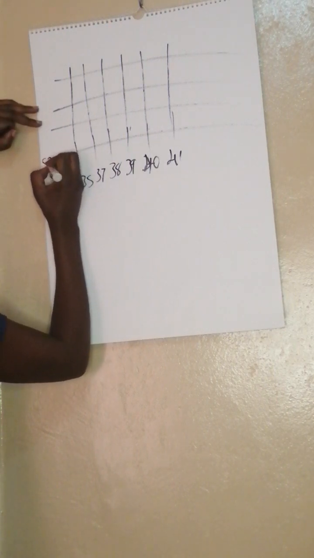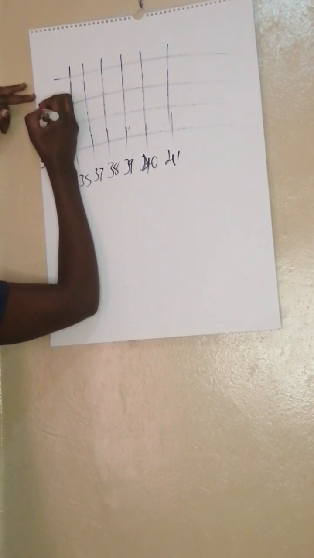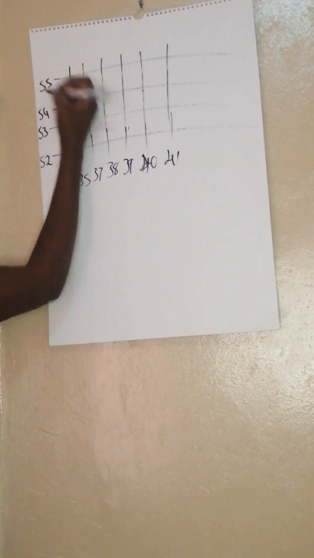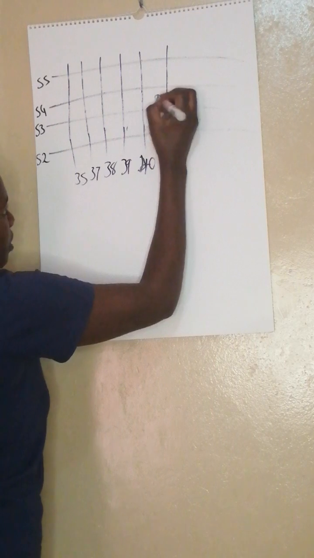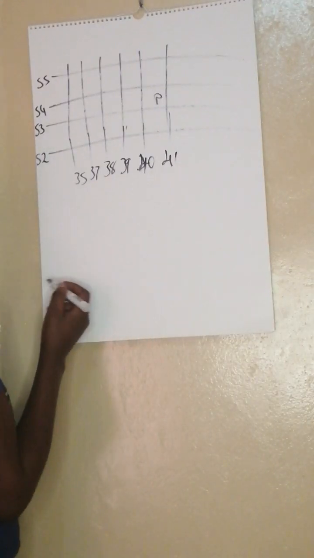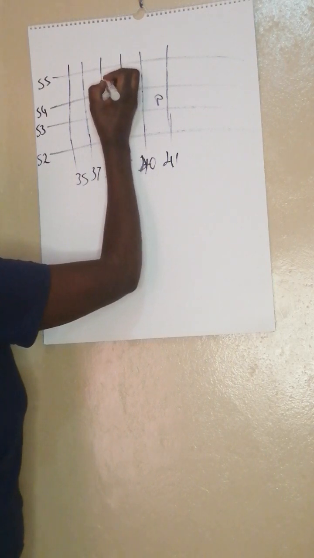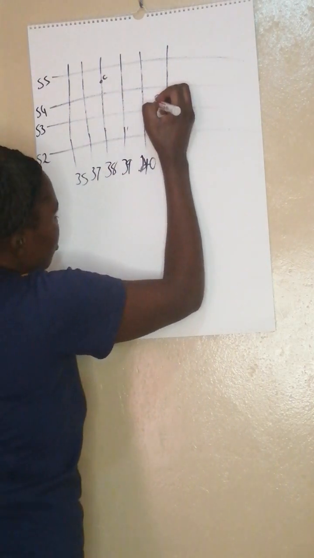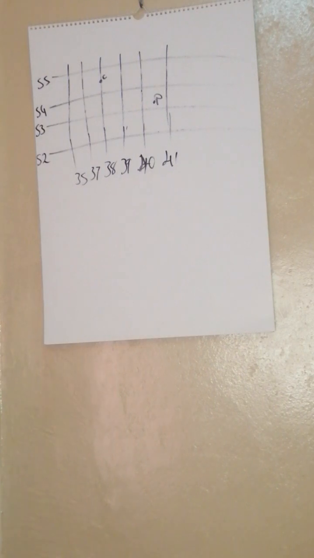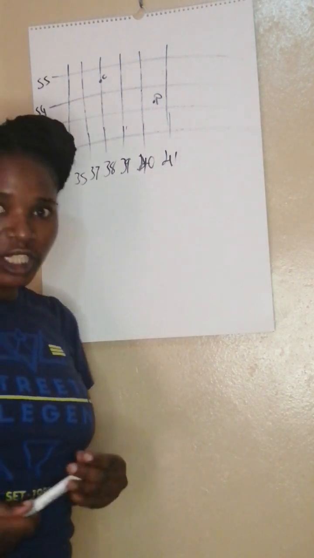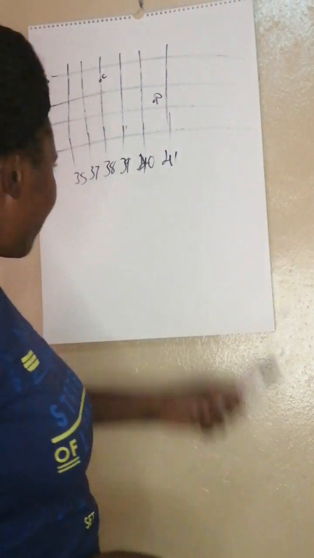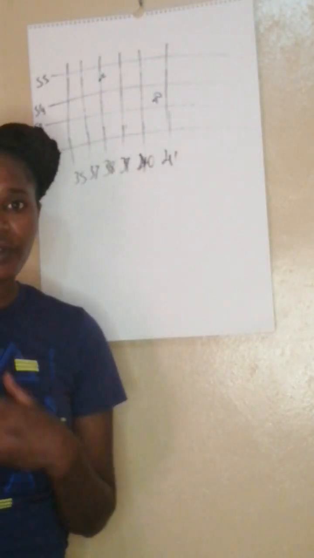Here, 52, 53, 54, 55. Then we are told to find point P and point C. So point P is there, point C is there. Pause the video and try to find the 4-figure grid reference and the 6-figure grid reference for both points.